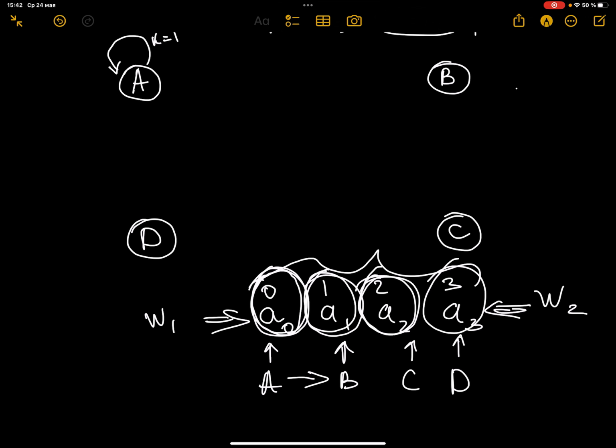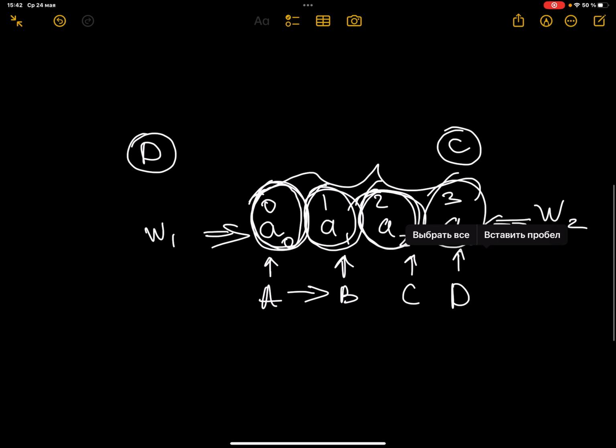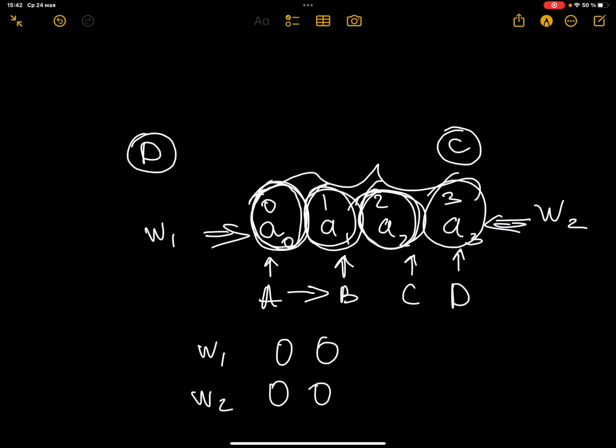But if the third bit is not the same, then our consecutive 4-bit expression will crash. I mean, let's say we have 0, 0, and then W1 is 1, W2 is 0. Then it crashes. We can't take 4 consecutive bits.